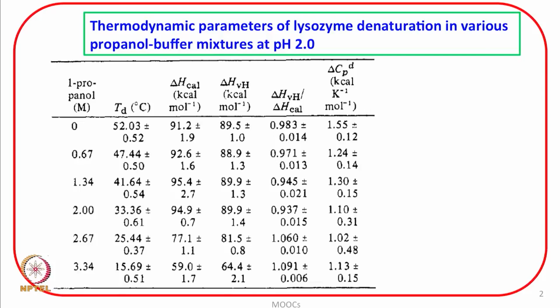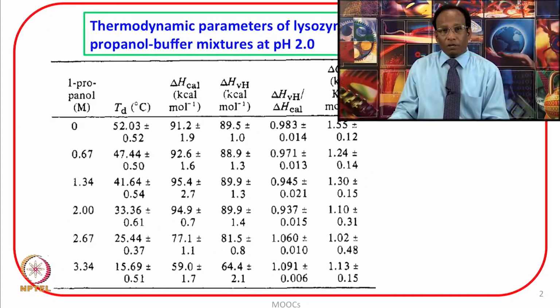And when we are reporting the data, it becomes very important to also associate the standard deviations with the data. And here we see the standard deviation reported in transition temperature is of the order of 0.52 degrees Celsius, and the standard deviations in other thermodynamic parameters have also been reported.